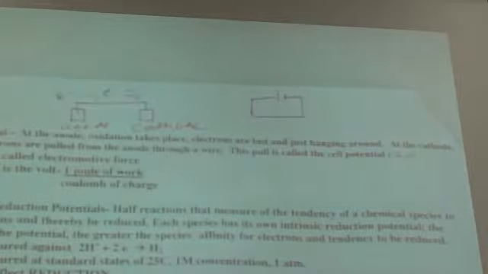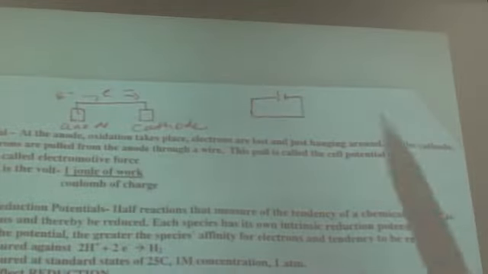A charge potential. Everybody knows when you draw your circuit, you draw your battery like that. Same thing here. You have a difference in charge, which is a potential difference that we call the cell potential, that you know as voltage.